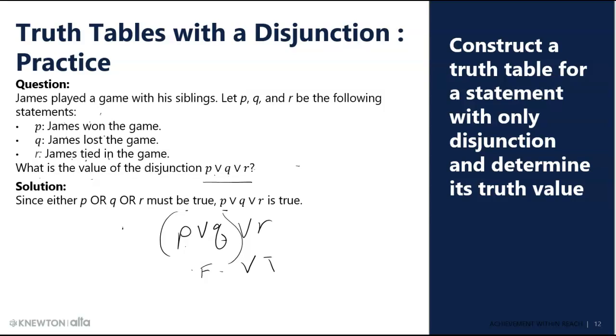But if he won or lost the game, this is true, and no matter what R is, it's true. So you need 1 statement to be true to make this 3-statement disjunction because they're all or. Those are the only 3 possibilities that can happen when you play a game, so the value of this statement would have to be true.